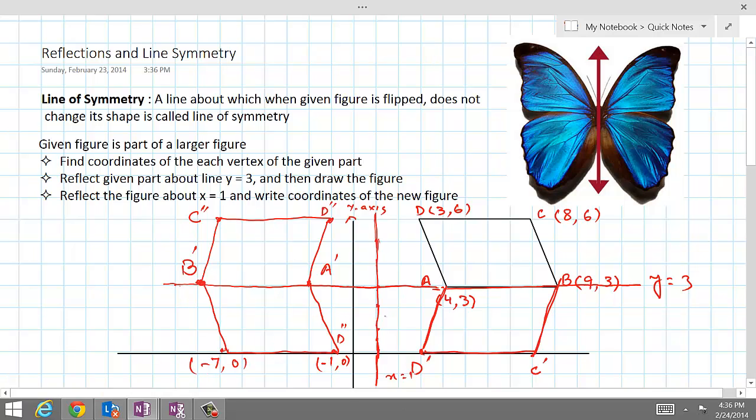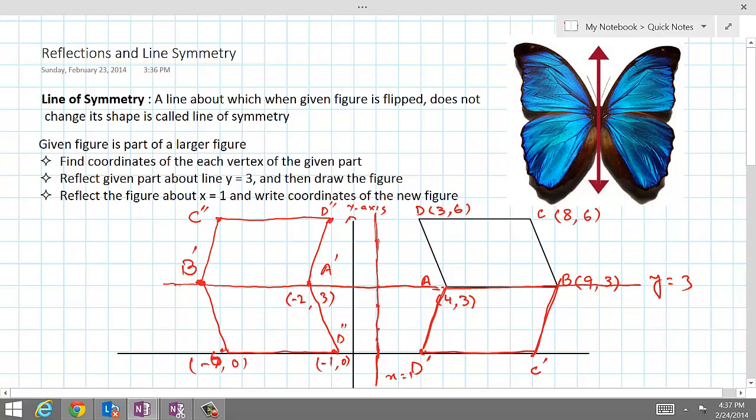And A dash would be -2, 2 units toward left, because it's to the left of the y-axis, therefore it has to have a negative sign. So this would be -2, and how many units? 3 units above, 3. And now -3, -4, -5, -6, and -7. Okay, -1, -2, -3, -4, -5, -6.